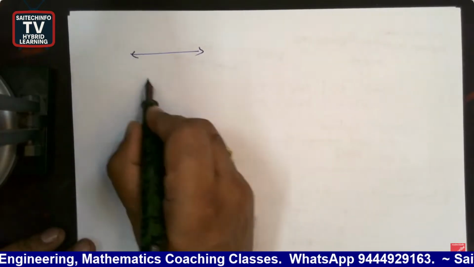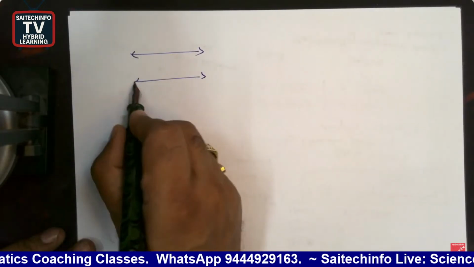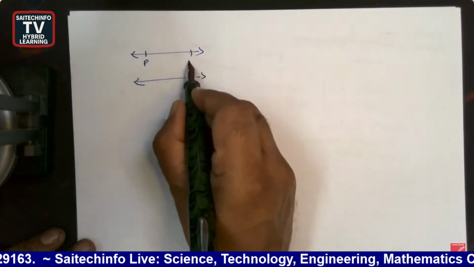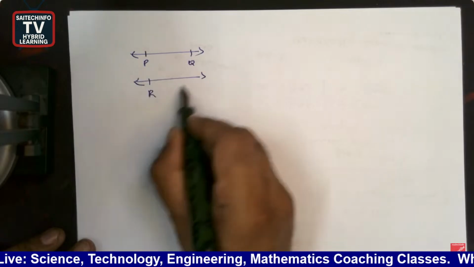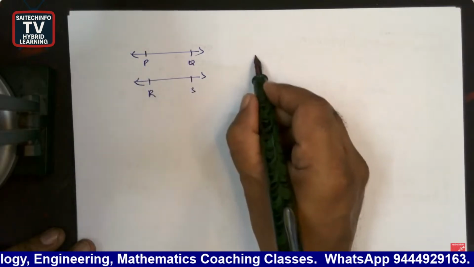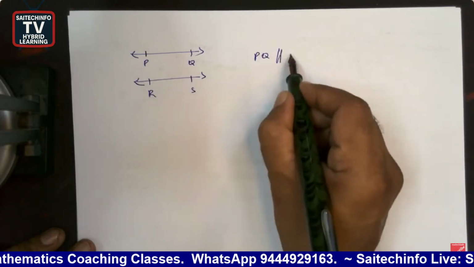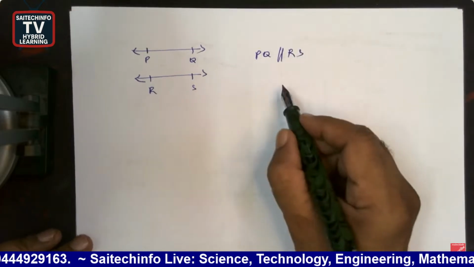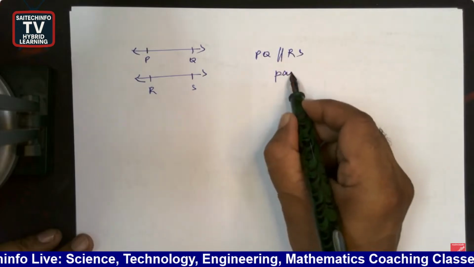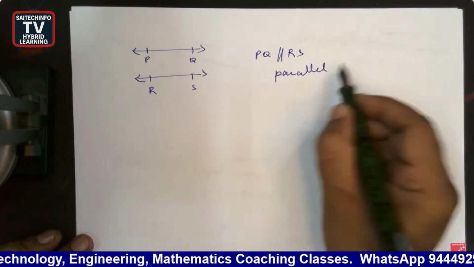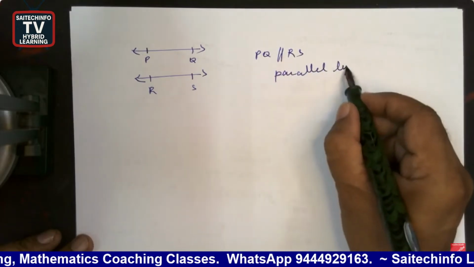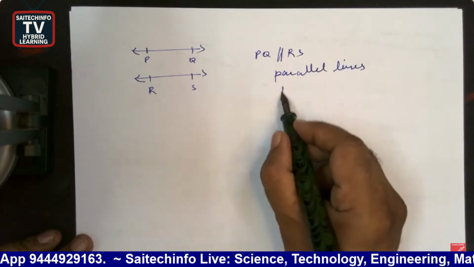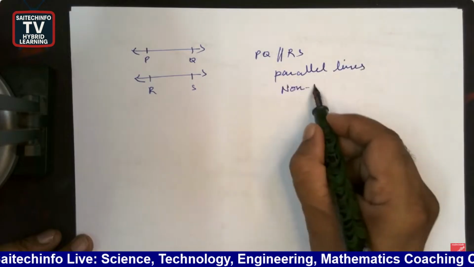They can never intersect each other when they are parallel. Let me call P, Q, R, S. So PQ and RS are parallel lines. That is non-intersecting lines.